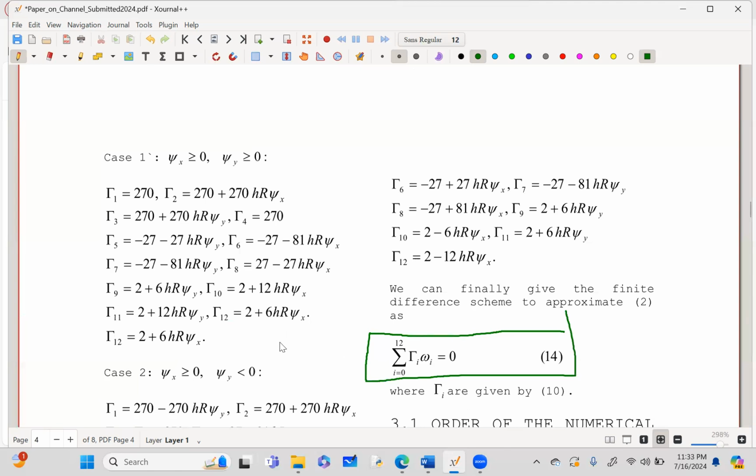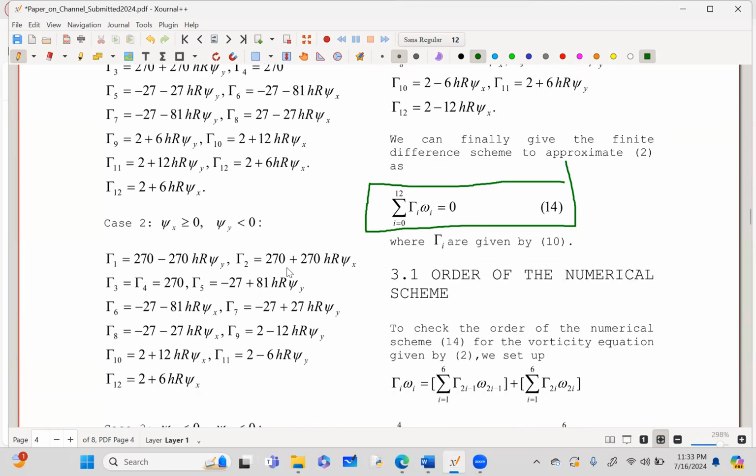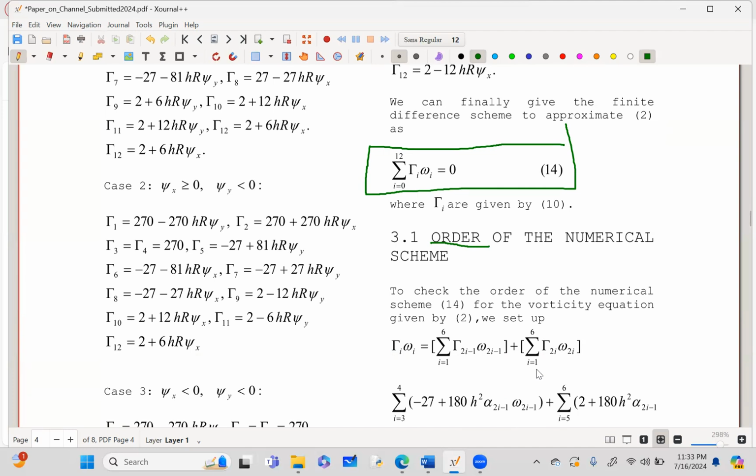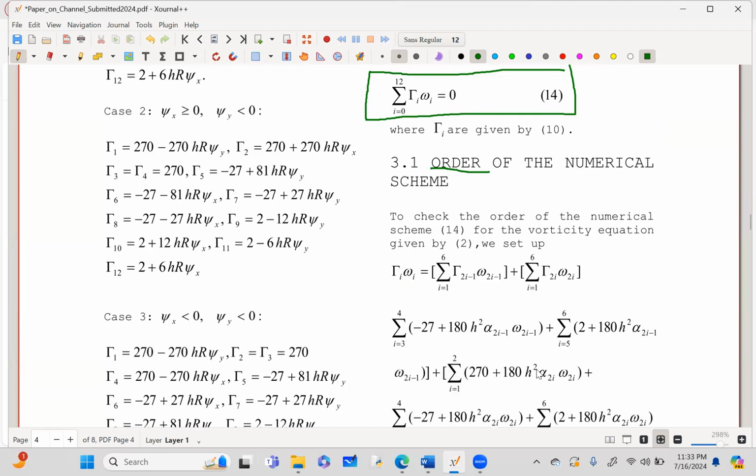And those gamma i's are given by these 4 cases. Once we have obtained the scheme, it's a matter of some mathematical manipulation to show the order of the scheme to be 5th order. This mathematical manipulation, which I will not get into in detail, is given here in 3.1.